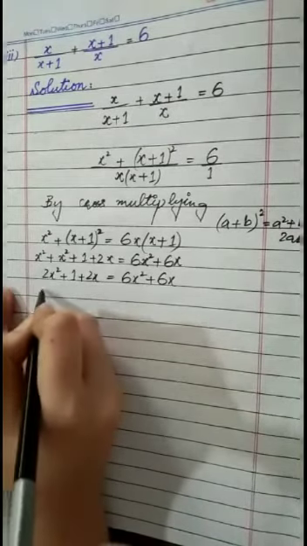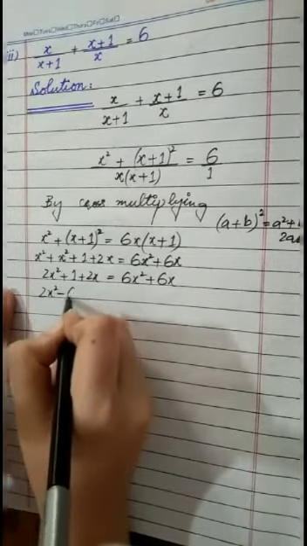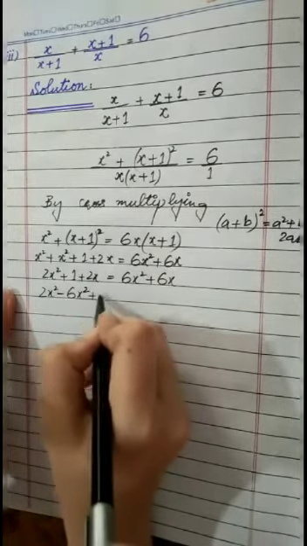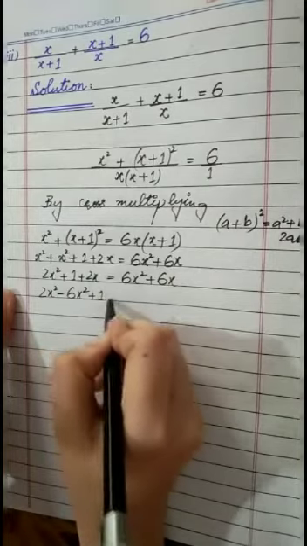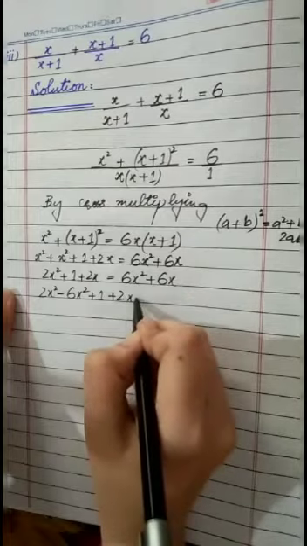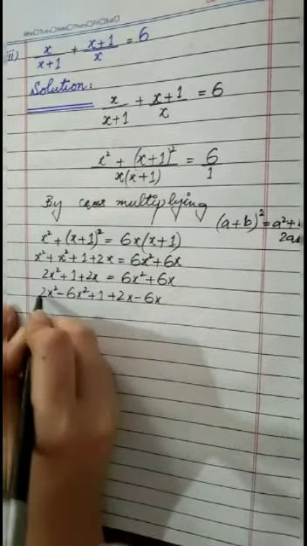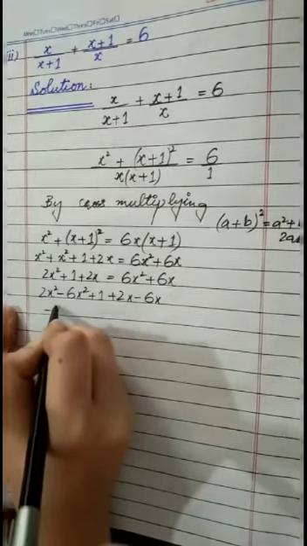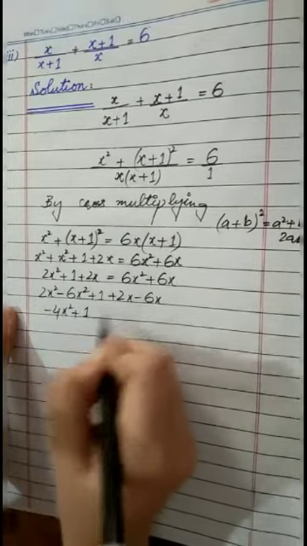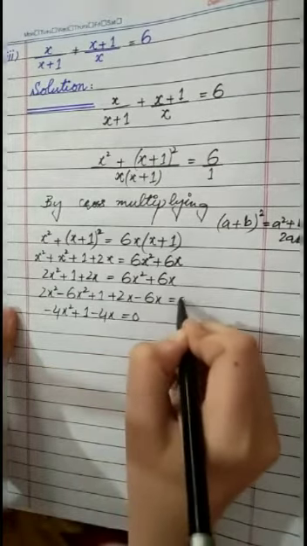We will combine them both; when we take it on the other side, its sign will be changed, that is 6 minus 6x square, plus 1, that is plus 2x, that is 6x. If we take 6x to the other side, negative means sign will be changed. Now plus minus minus, it's 4x square, plus 1, plus minus minus 4x is equal to 0.